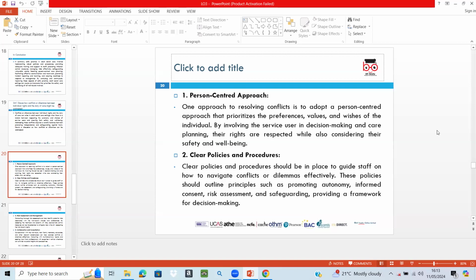If we incorporate both a person-centered approach and clear policies and procedures in an adult care setting, it will navigate conflicts effectively, uphold the rights and dignity of service users, and ensure their safety and well-being. So these are all important aspects.